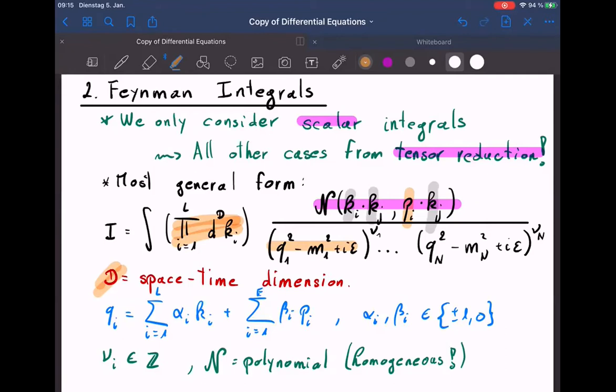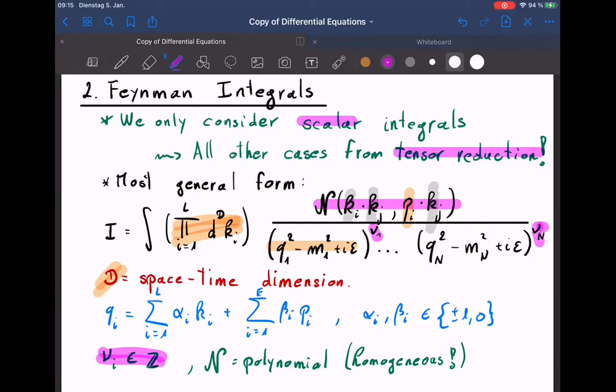And in addition, something that may sound strange now is that I will allow arbitrary powers for the propagators. So every propagator could be raised to some arbitrary power, integer power, negative or positive. Of course, your propagators would only have nu equals 1 when you look at your Feynman rules. But as we will see, it will be very convenient to allow arbitrary nus.